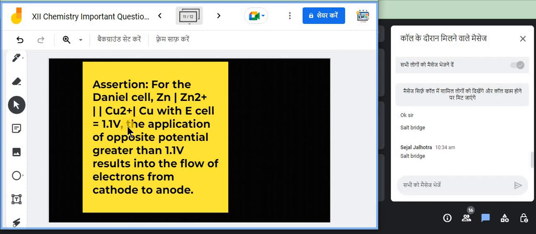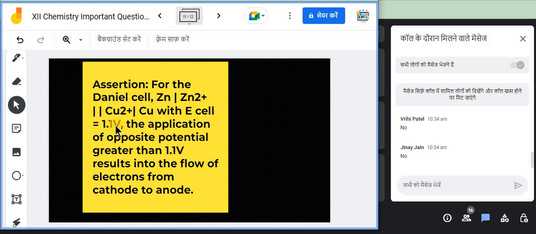Now, my question to you is, E naught cell is 1.1 volt. Now, if I say E naught cell is negative, whether reactions are feasible? No, right?